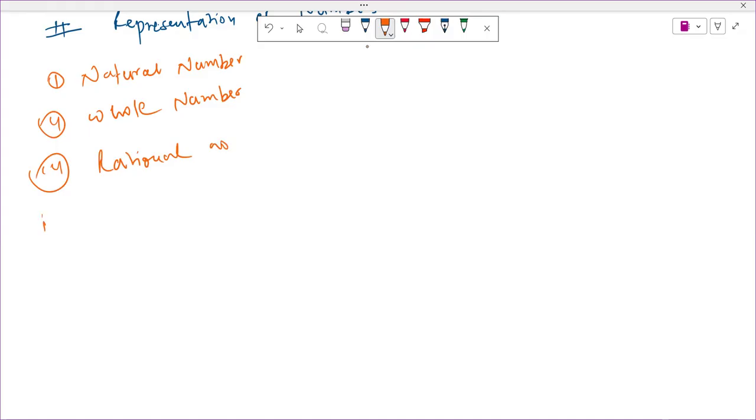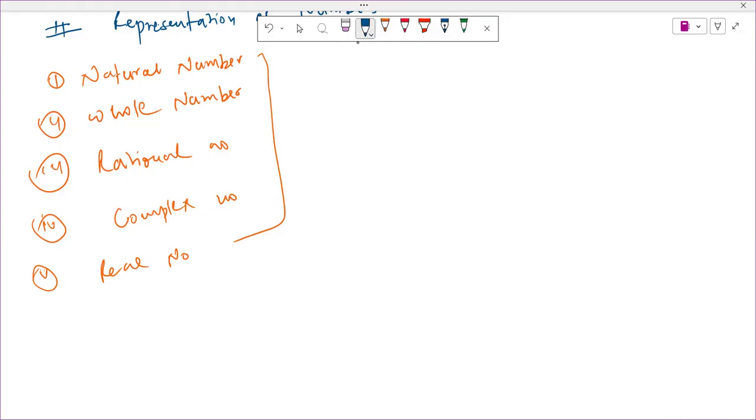We also need to understand complex numbers and operations with complex numbers. Then real number. So first is the real number, then natural, whole, rational, complex. So we need to be very clear about this.